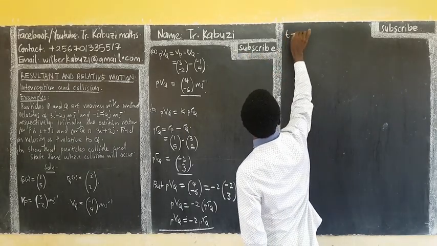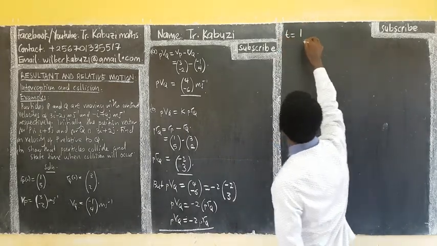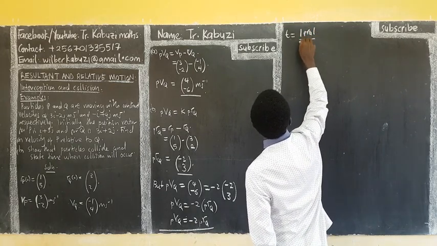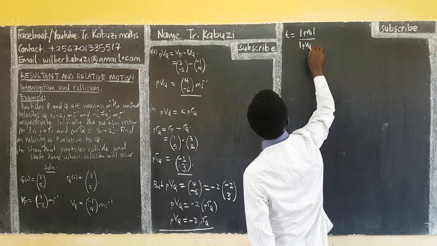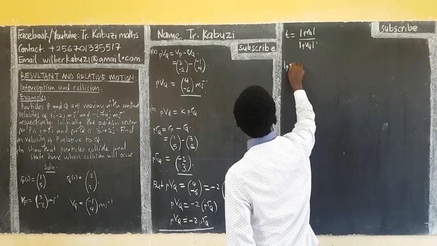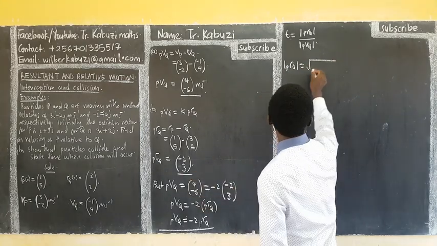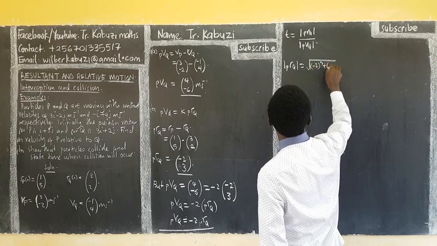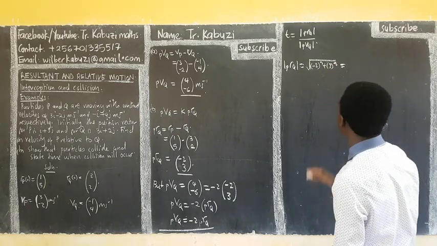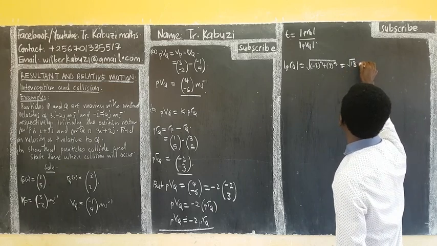So we said our time of collision is the magnitude of the displacement of P relative to Q over the magnitude of their relative velocity. So the magnitude of the displacement is going to be the square root of negative 2 squared plus 3 squared, which is 4 plus 9, that would be root 13 meters.